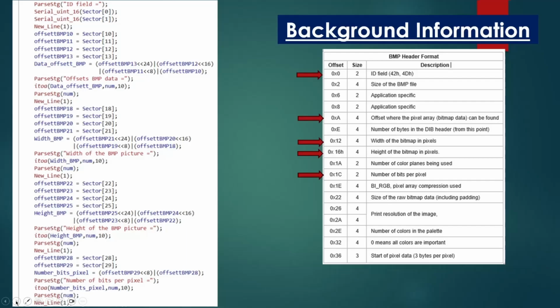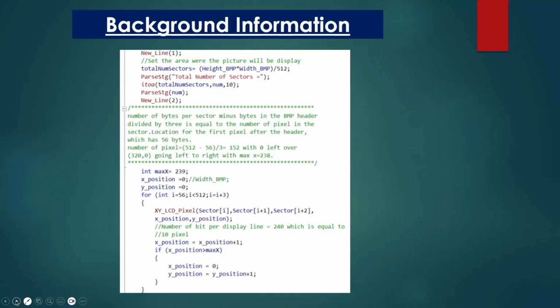So let's continue. We got to the table, we got the information we needed. Now we're going to calculate the total number of sectors, and the total number of sectors is basically the height of the BMP times the width divided by 512.